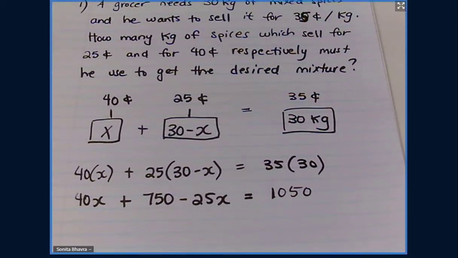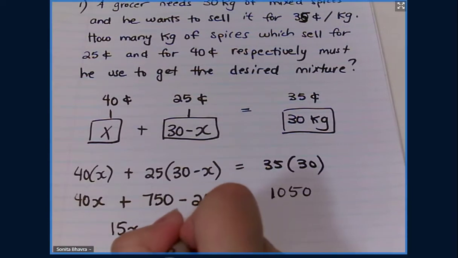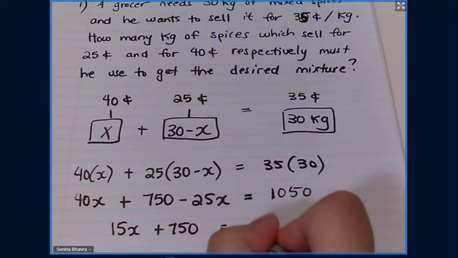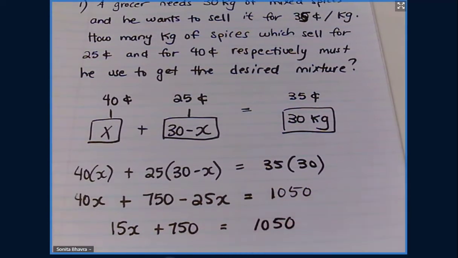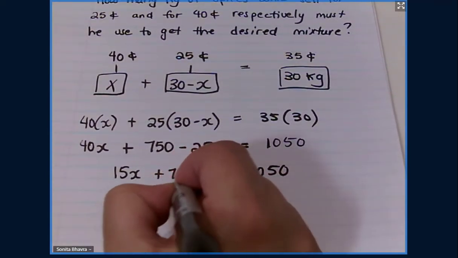All right, so here now we just have to isolate X and solve for X. On the left-hand side, I'm going to collect my like terms. I have 40X and minus 25X, which gives me 15X, plus the 750, which is equal to 1050. I'm going to subtract the 750 on both sides.